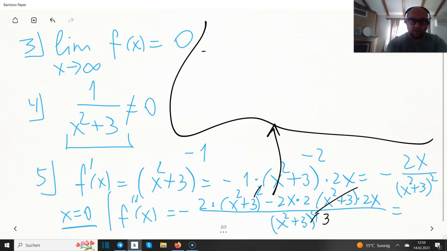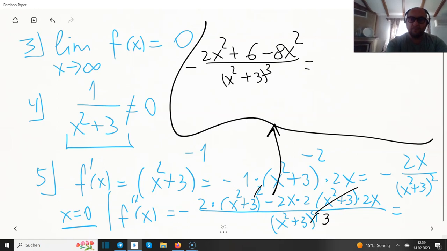So we're going to get 2x squared, minus in front, 2x squared plus 6 minus 8x squared divided over x squared plus 3 cubed. So we have a minus in front, minus 6x squared plus 6 divided over x squared plus 3 cubed.